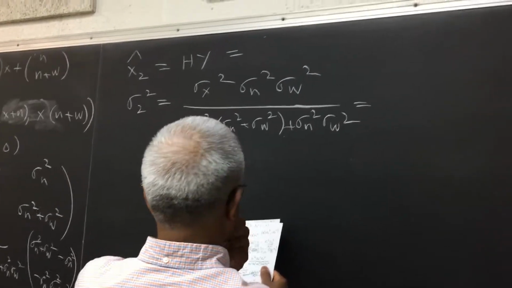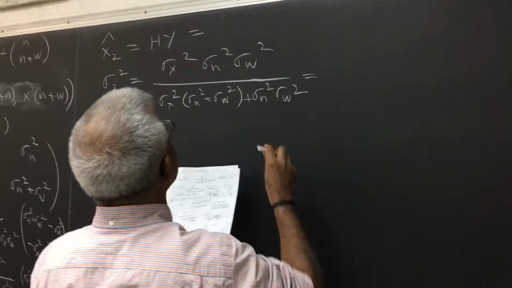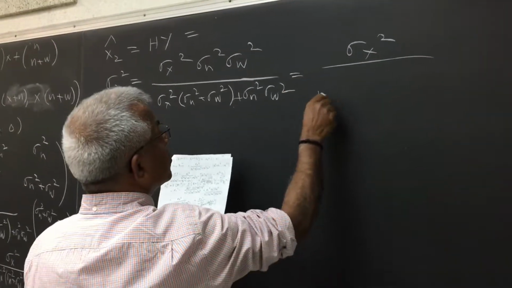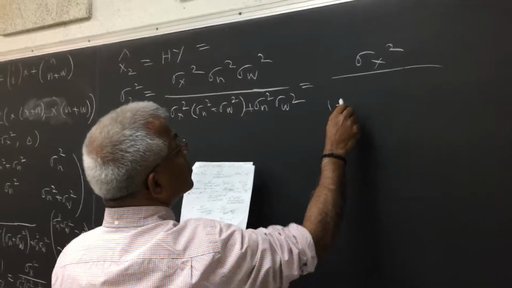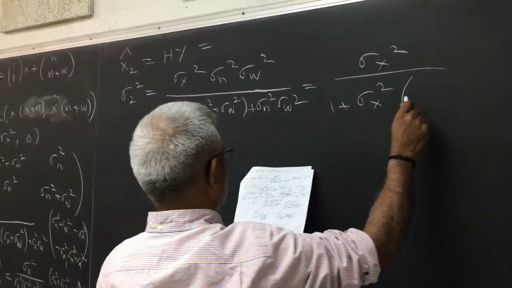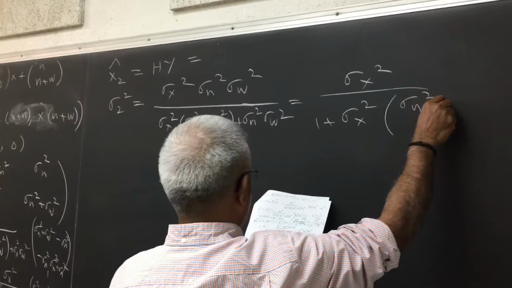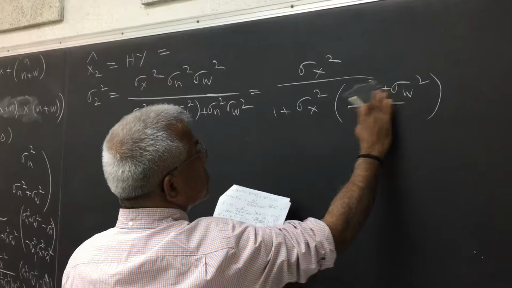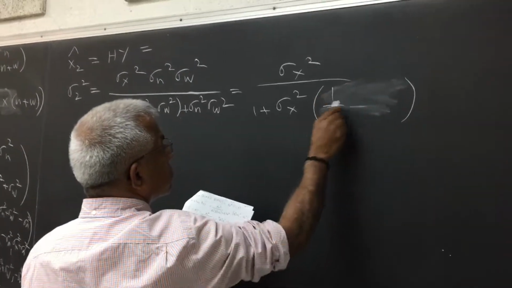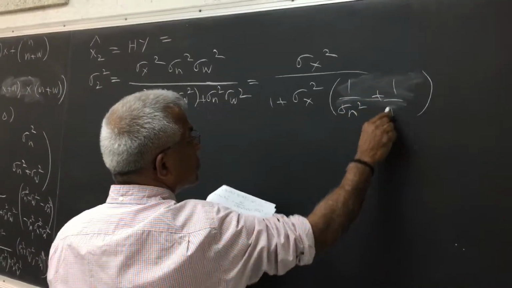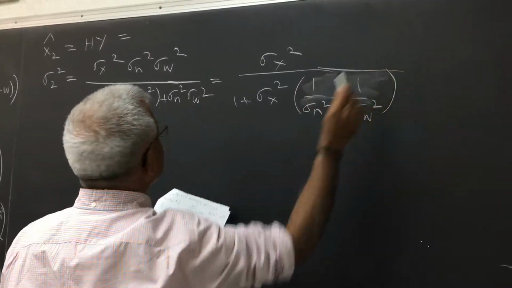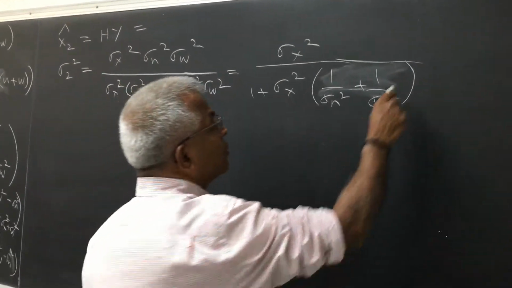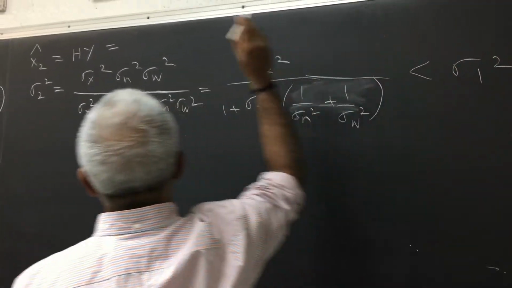And if you divide, you can actually write this in this fashion. So that's the error, and you can see it's of course less than sigma 1 squared. So this estimator is better.